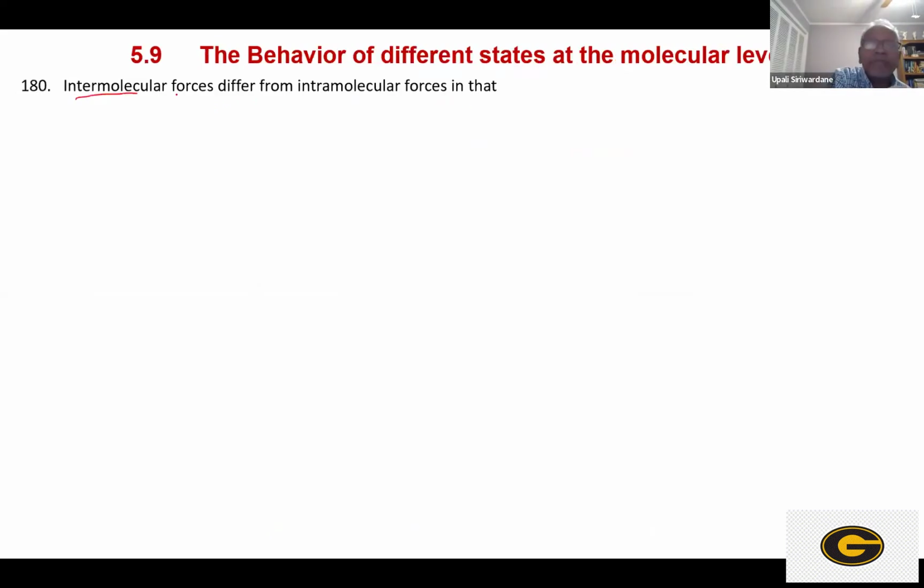Intermolecular forces differ from intramolecular. Inter means between. In a particle, forces within are called intra. Water molecules, between two water molecules is intermolecular.